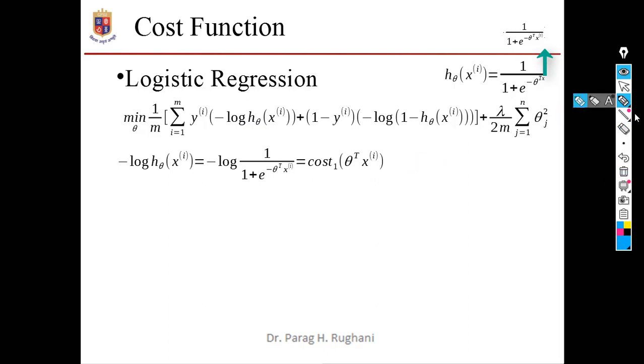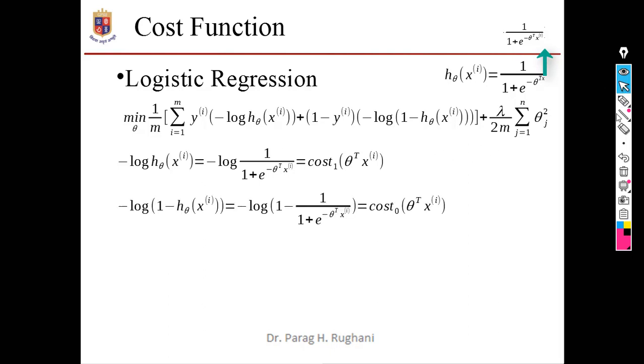Let us see the second term, which is 1 minus y of i times minus log 1 minus h theta x of i. Here I am considering the case where y is equal to 0. So if I take y equal to 0, I have only the second term, and this term can be represented in this form: minus log 1 minus h theta x of i. I am just replacing h theta x of i with 1 upon 1 plus e raised to minus theta transpose x of i.